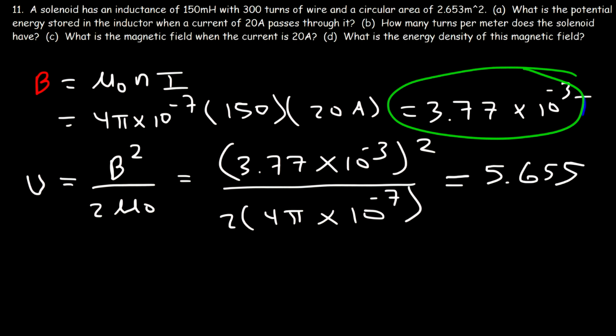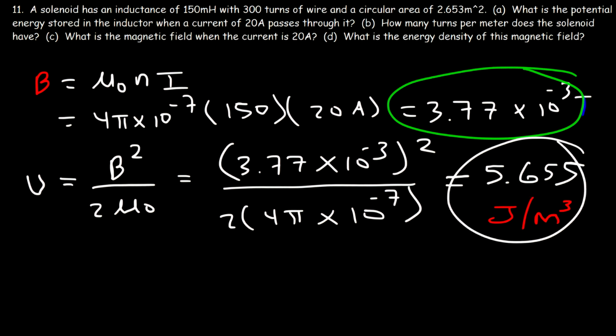That gives .655 joules per cubic meter. So that is the energy density of the magnetic field that is in the solenoid. So that's how you can find it.